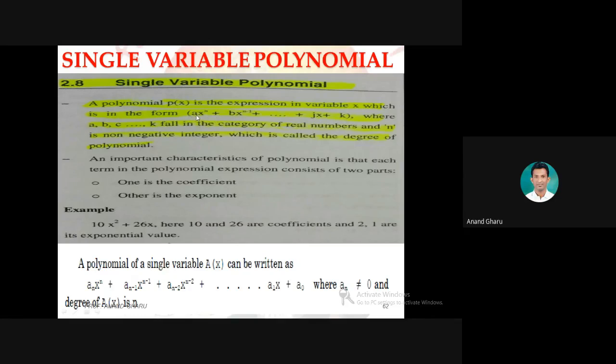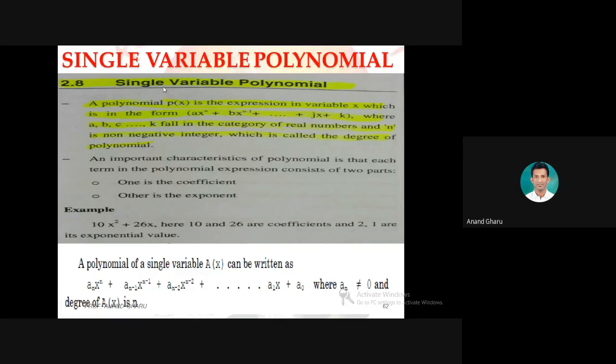In a polynomial we say coefficient, and this is the exponent. A, B, C, K are the coefficients, and n, n minus 1, n minus 2 are the exponents. A, B, C, K fall in the category of real numbers, either minus 1, minus 2, 1, 2, 3, 4, whatever.